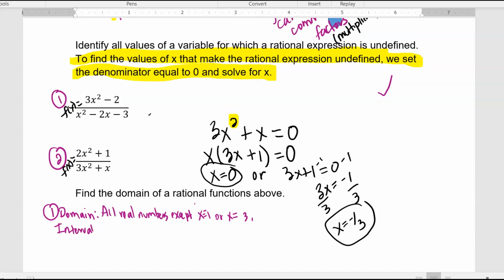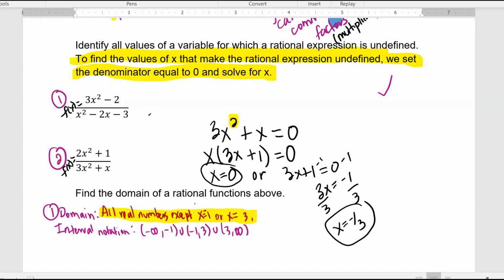Interval notation would be everything will work between -infinity to -1, union -1 to +3, parenthesis, union 3 to infinity. So if you are familiar with interval notation from middle school or high school, that's how that would look if you wrote it in interval notation. But I'm fine with you just writing out all real numbers except x equals -1 or x equals 3.